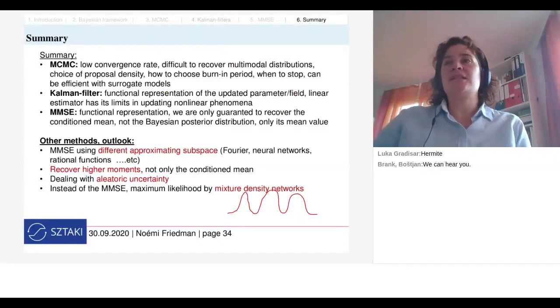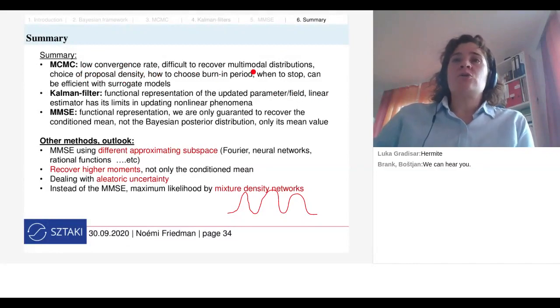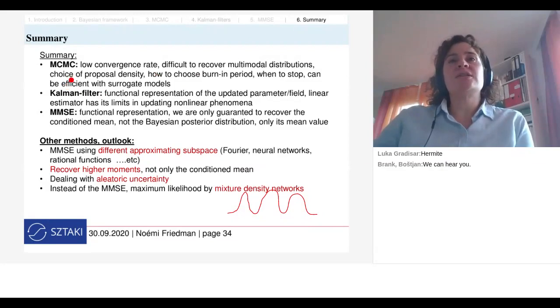But you saw in the spring example, if you choose the proposal density right, you can get those sets of points quite well. But it depends on the proposal density. It's also difficult how to choose the proposal density, and there's a lot of playing around and trial and error. And also how to choose the burn-in period and when to stop the iteration. So these are some difficulties with the Monte Carlo method.